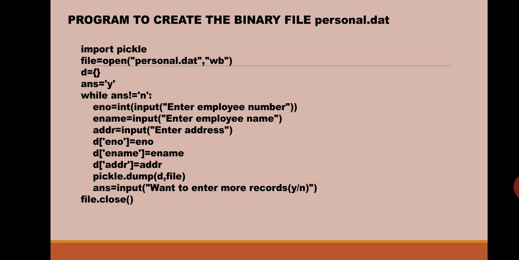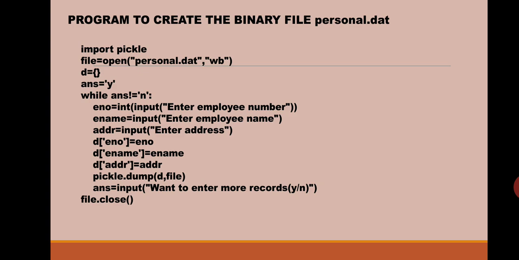And in that loop we have taken the value of employee number, employee name and address from the user, and stored it in the form of a record and then placed it in the file, the same way as we have done in the previous questions. And after all the records are written, we have closed the file.